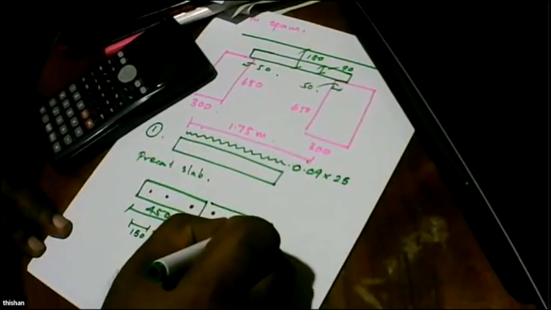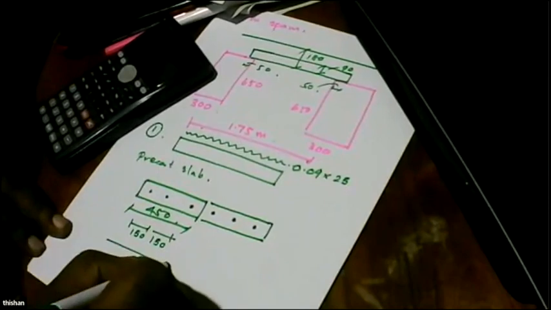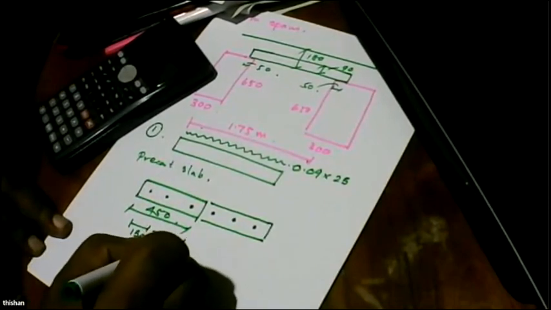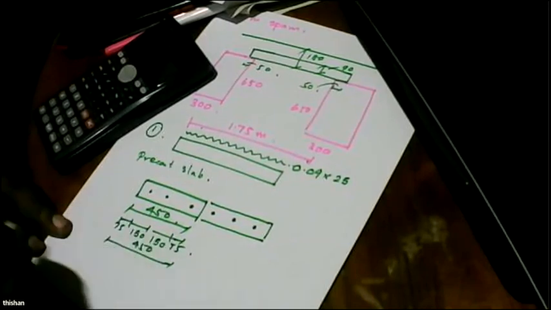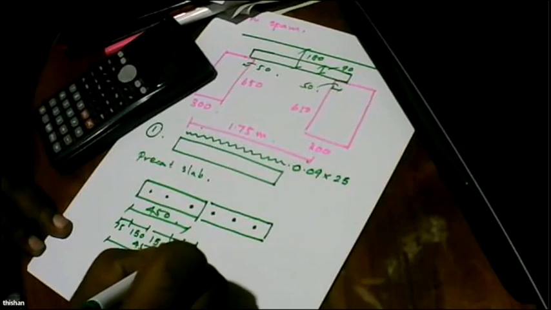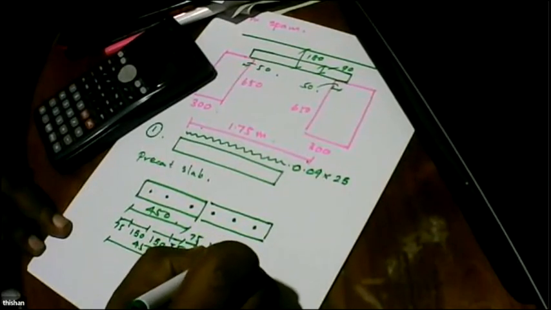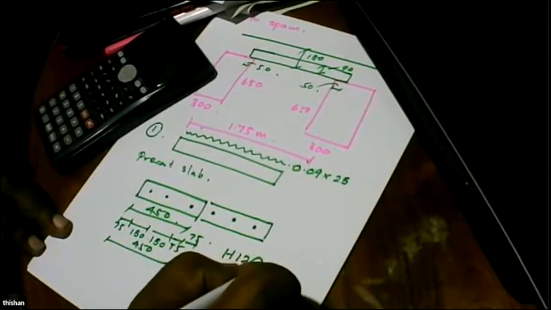So if this is 450, here you get 75. On this side also you get 75. So similarly here you get 75. So which means it's like H12 at 150.